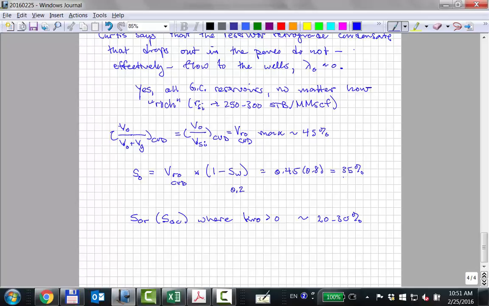So what you see is that in the most extreme case, you're just above the oil saturation needed to flow. Even at this kind of saturation, the relative permeability to oil may be on the order of 10 to the minus 2. Okay? The viscosity of the oil is probably on the order of 0.2. Okay?